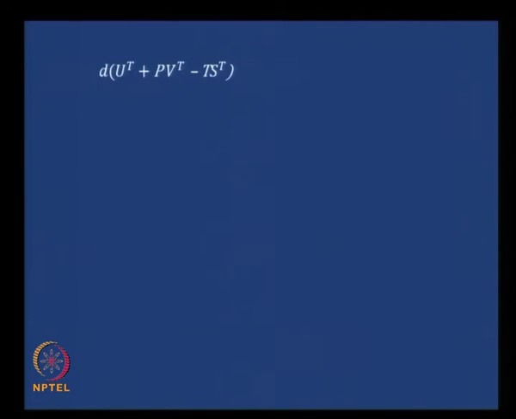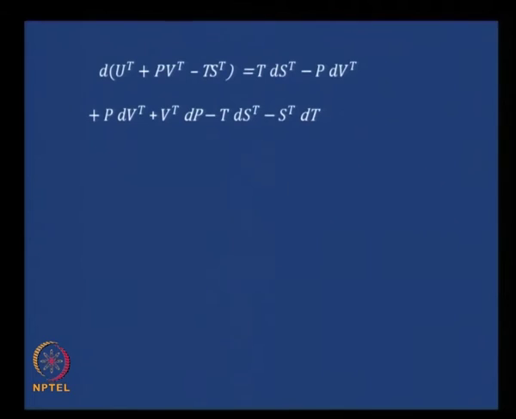Therefore d of (U_t plus PV_t minus TS_t) equals T dS_t minus P dV_t, which we already had. Now if we expand the term that we added by chain rule, we have P dV_t plus V_t dP minus T dS_t minus S_t dT, plus whatever remained there, which is summation of μ_i dN_i.